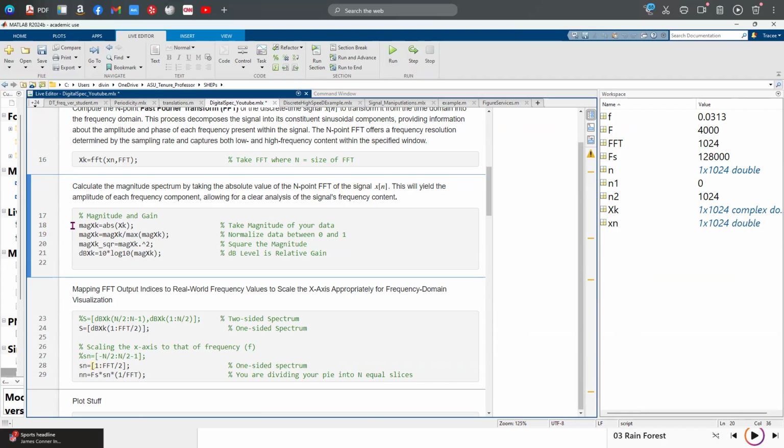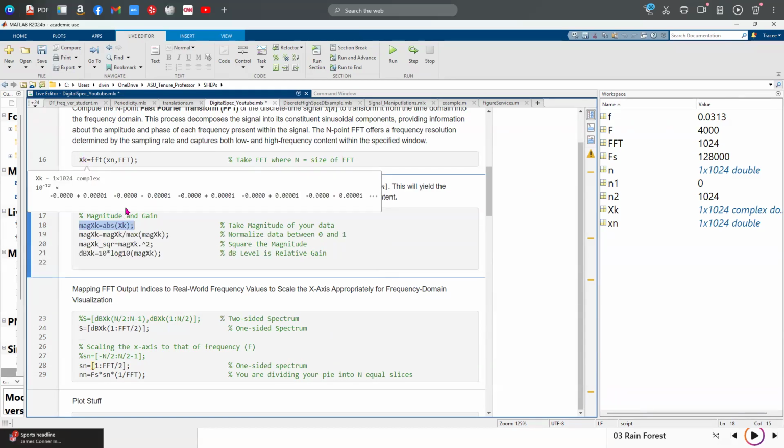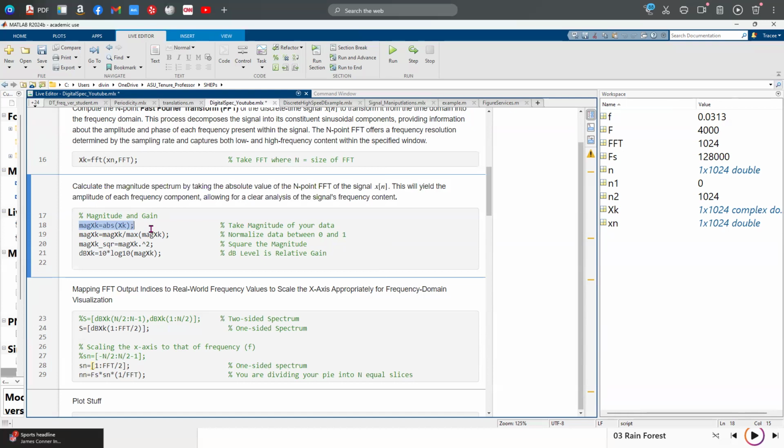The process starts by taking the magnitude of the FFT using the ABS function. Since FFT results are complex, and we usually want their amplitude. The amplitude is then normalized, so the maximum value is 1, which helps compare different signals.